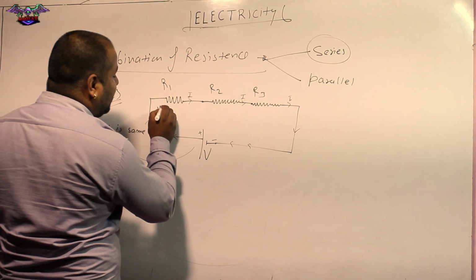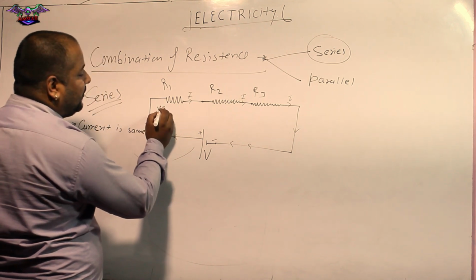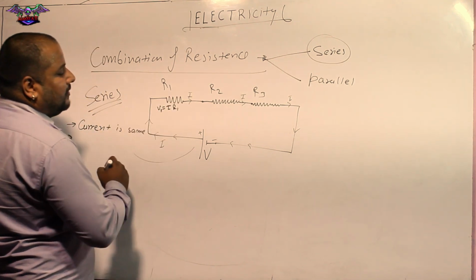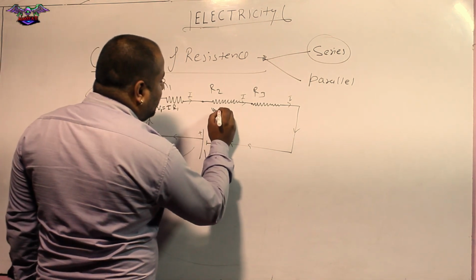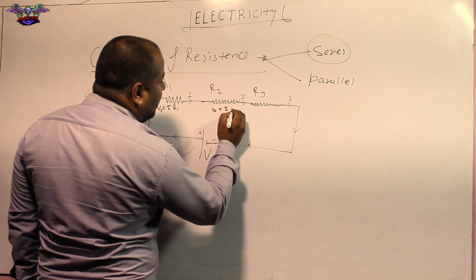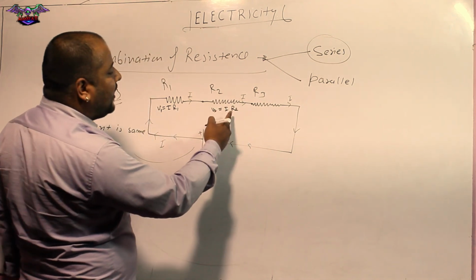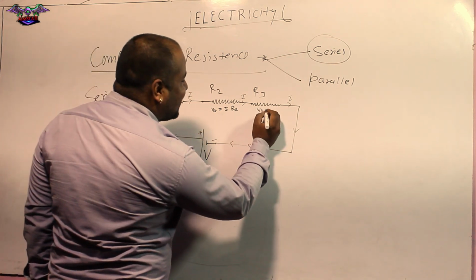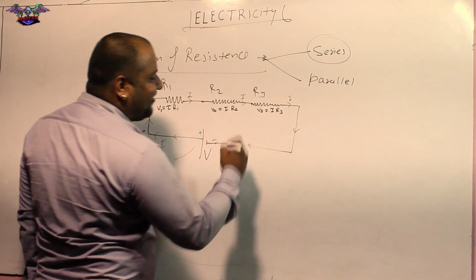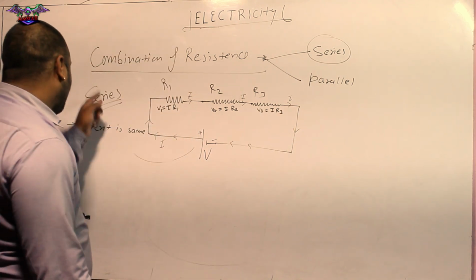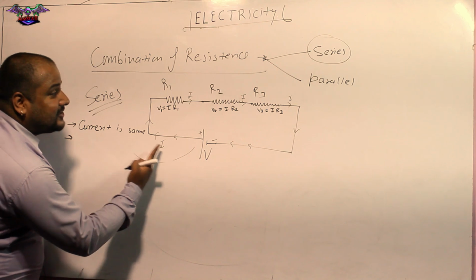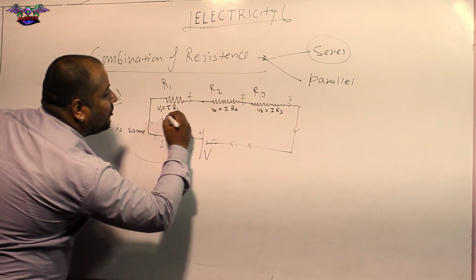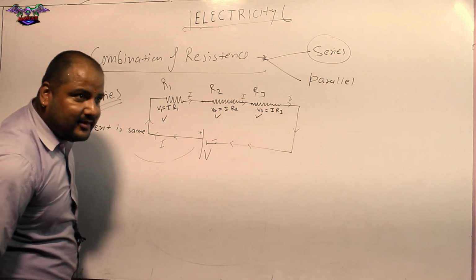V1 equal to IR1, V2 equal to IR2, and the third voltage V3 is IR3. Right? So for a series circuit, current is the same throughout the circuit, but voltages are different.